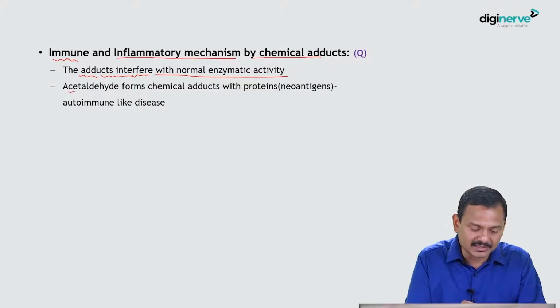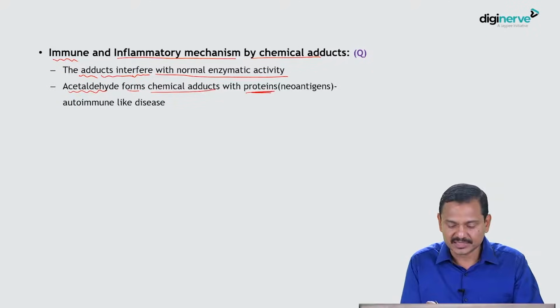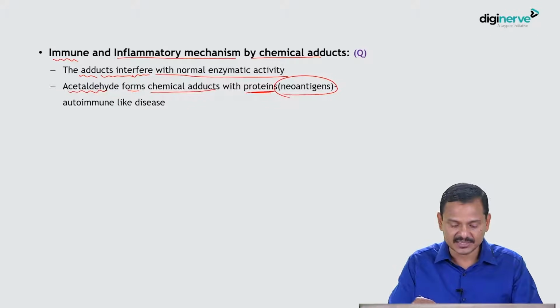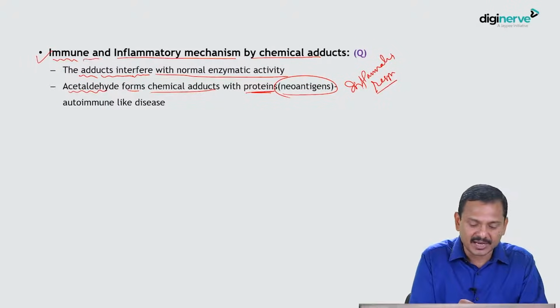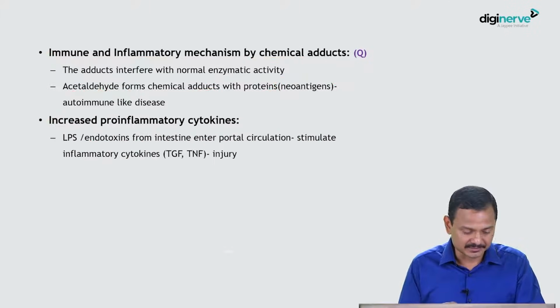In addition to that, acetaldehyde also forms chemical adducts with proteins, and that will form neoantigens, and against these neoantigens there can be an inflammatory response. Okay, so this is the third mechanism, that is immune and inflammatory mechanism by chemical adducts.